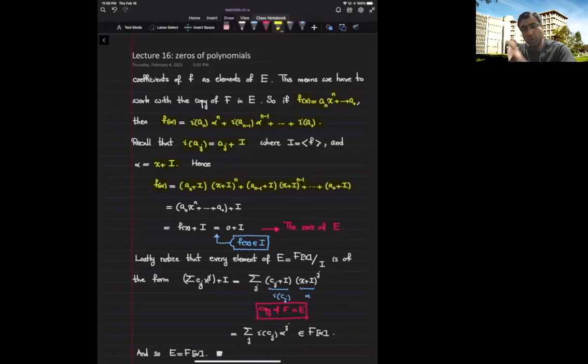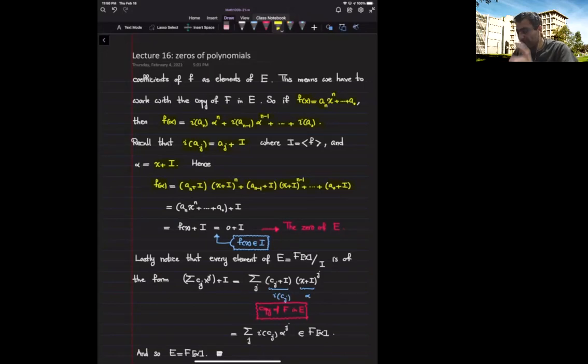But remember, in a quotient ring, all the computations are done with respect to the coset representatives. This means I have to pick these coset representatives, do multiplications and additions, and then consider the coset that's represented by this resulting polynomial.